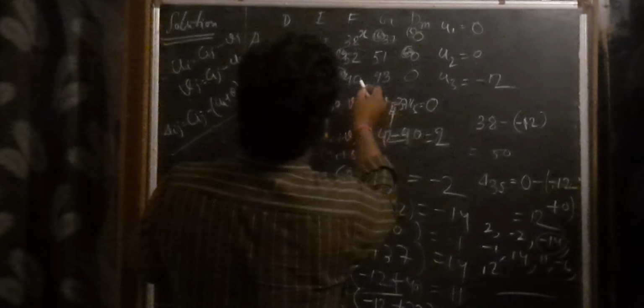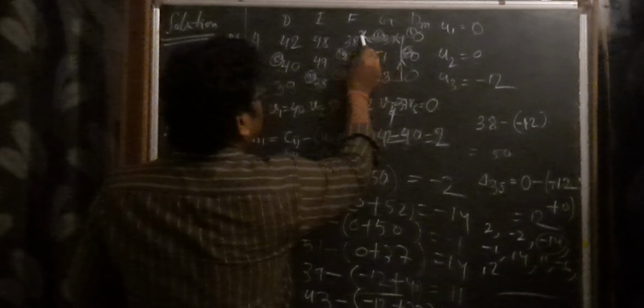And now we try to make a closed path. Try to make a closed path by using this. We'll start from here to here and here, this cell, and again this cell, and again here.